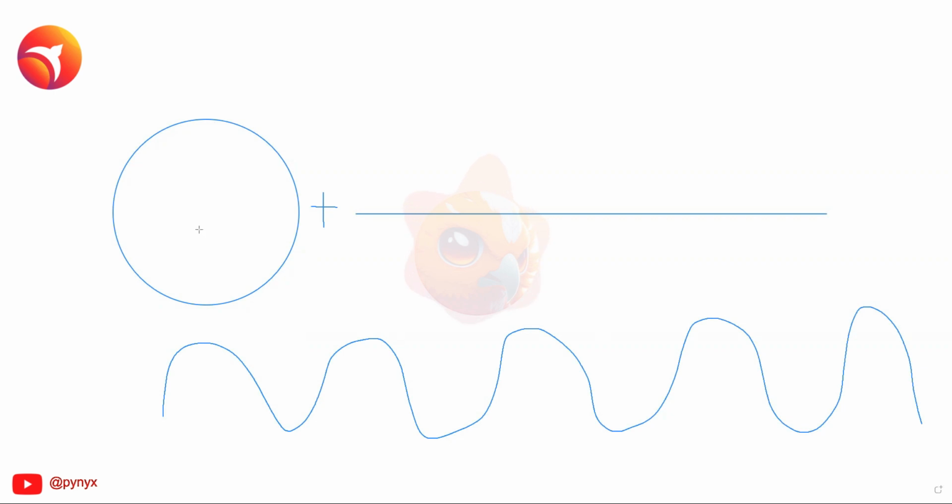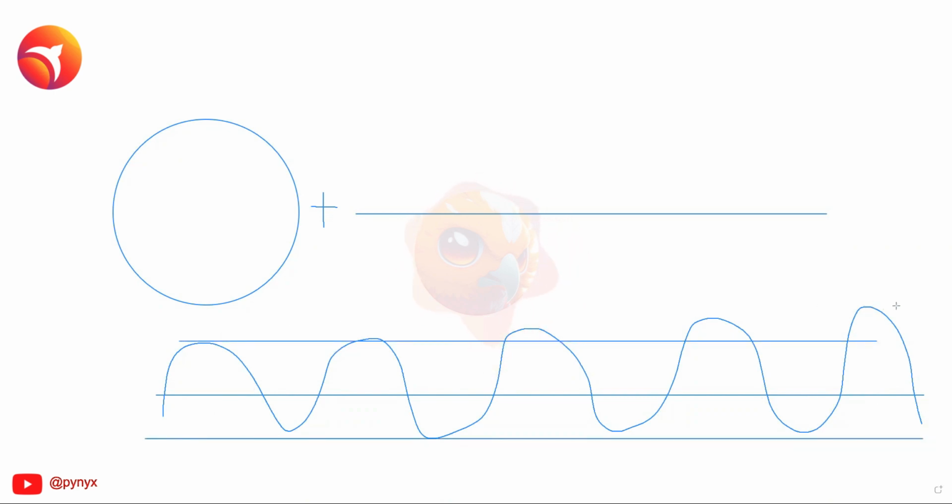So if we put a line in the middle of it, let's say this is the middle, right? We can see there is a vibration and there's a line in the middle of this vibration. If we put a line below and above the vibration, let's say this is the highest point of this vibration, the low of this vibration is, let's say, the zero line.